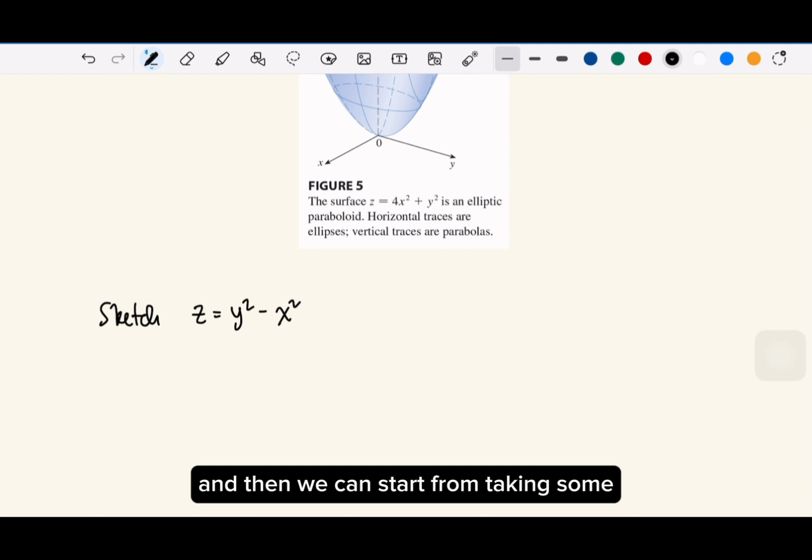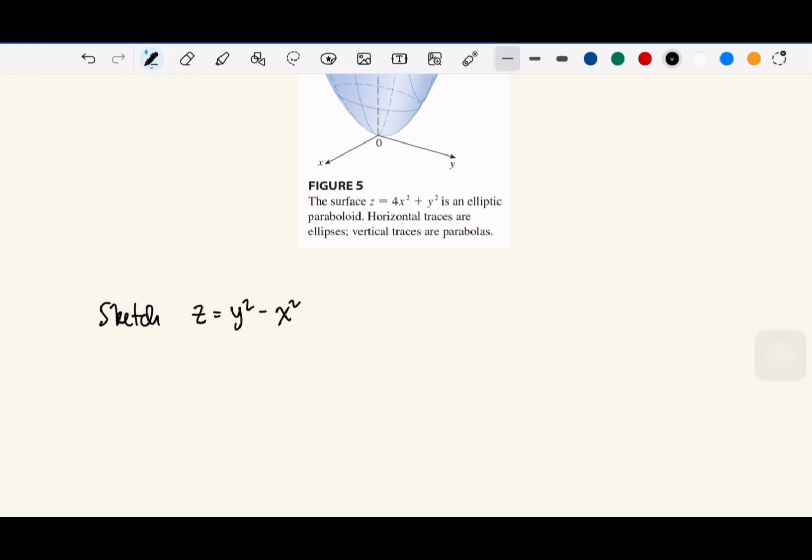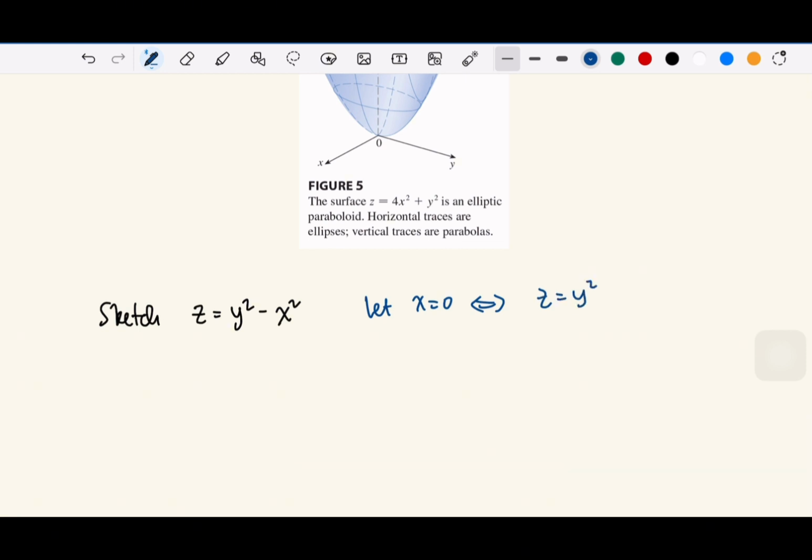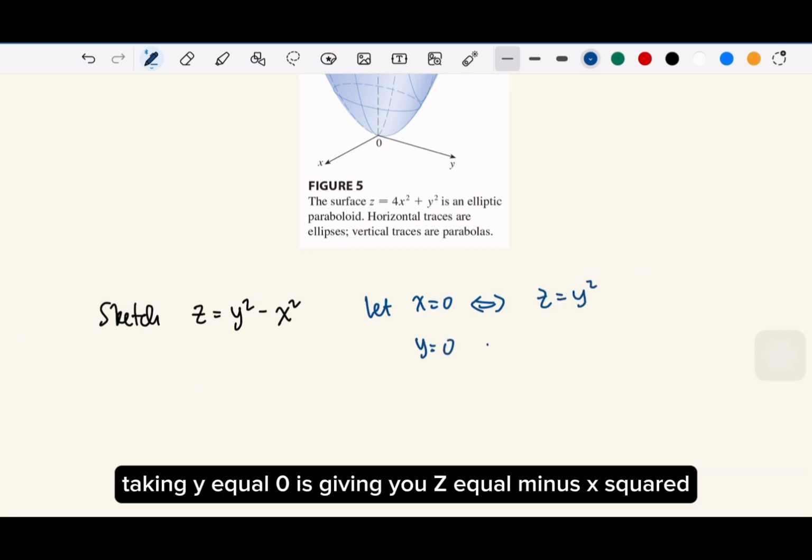Again, we can start from taking x equals 0 or y equals 0. So let x equal 0. This gives you z equals y squared. Taking y equals 0 gives you z equals minus x squared.